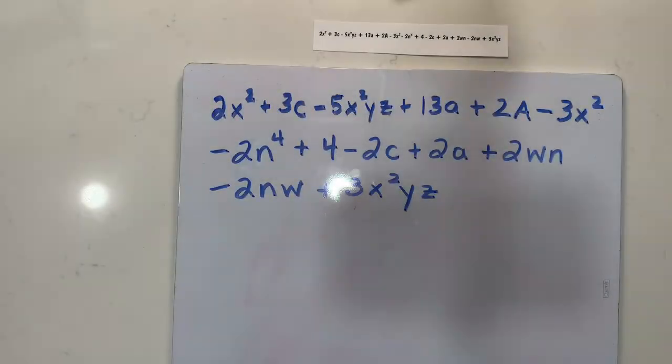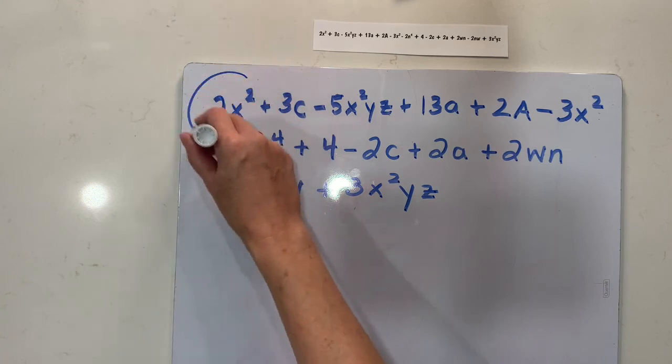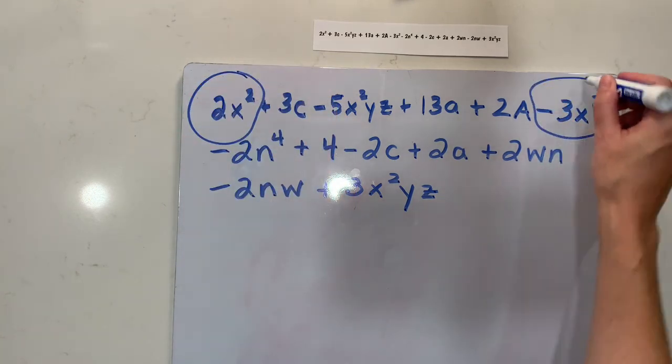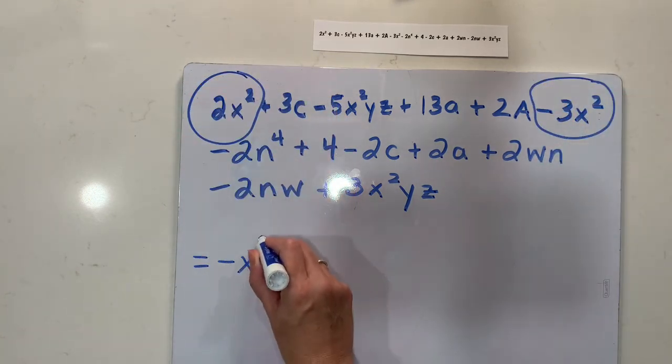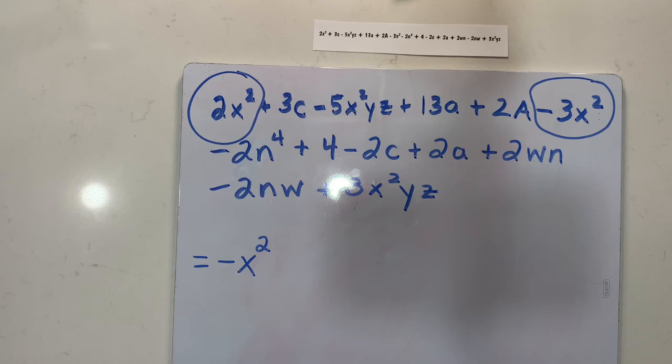If we gather like terms, we can keep track of which ones we have gathered by using the same symbol to group similar terms. 2x squared plus negative 3x squared gives negative x squared. 3c plus negative 2c gives 1c, or just c.